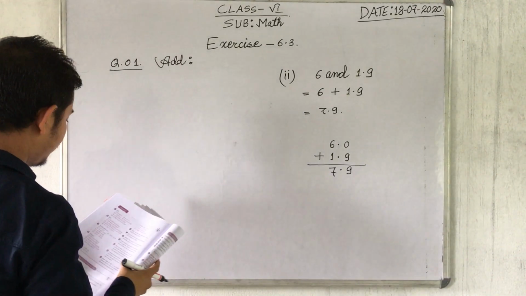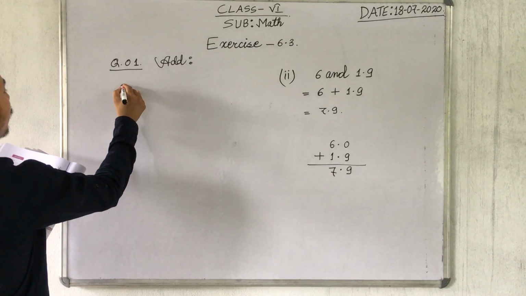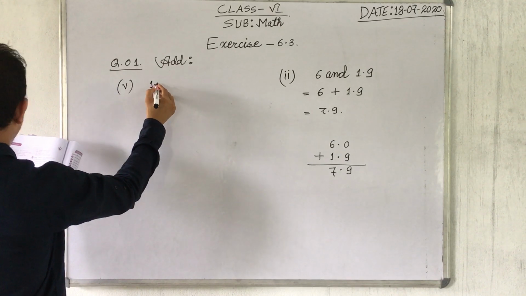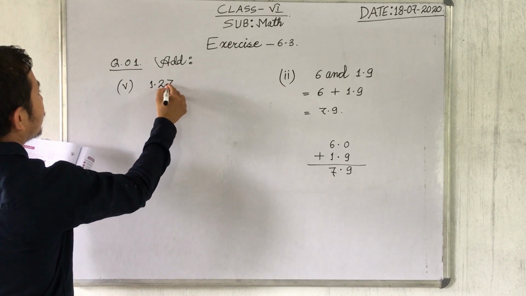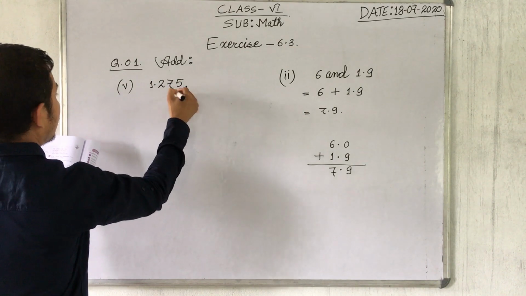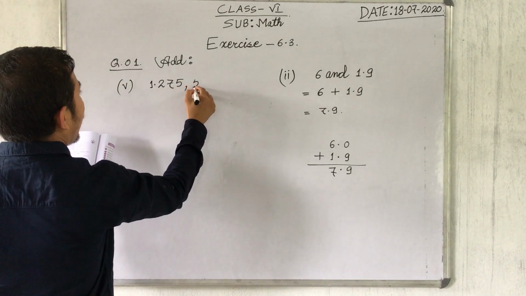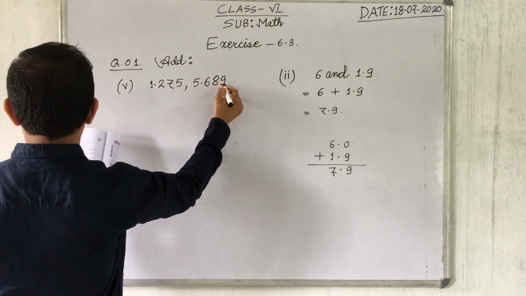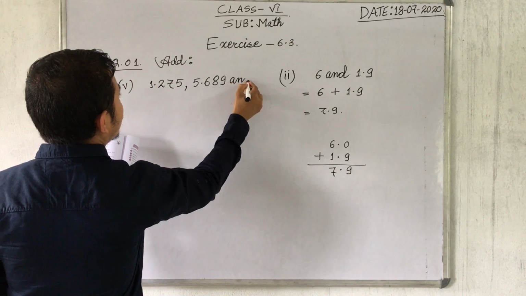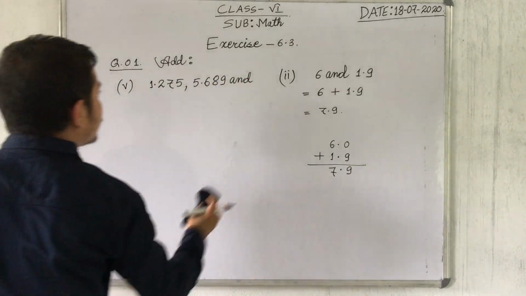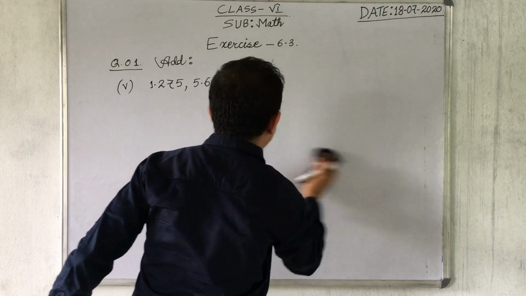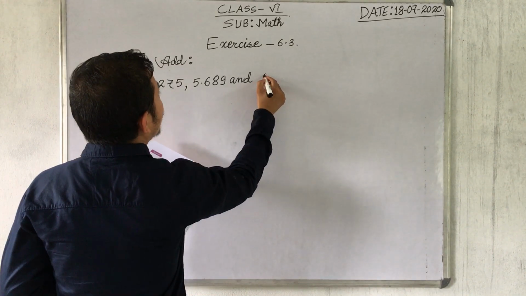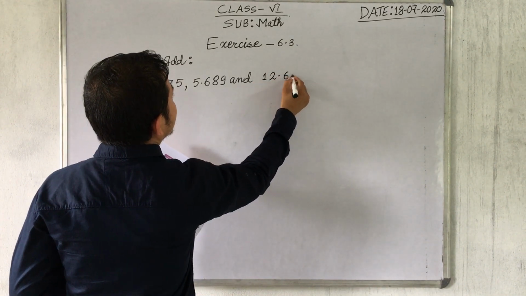Question number 5 is 1.275, 5.689, 12.602.